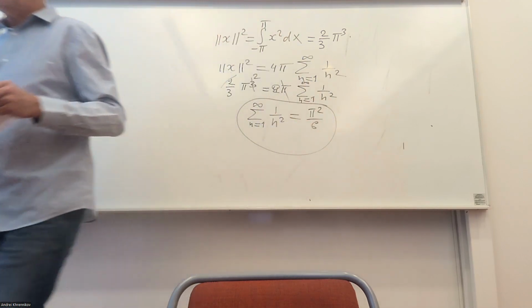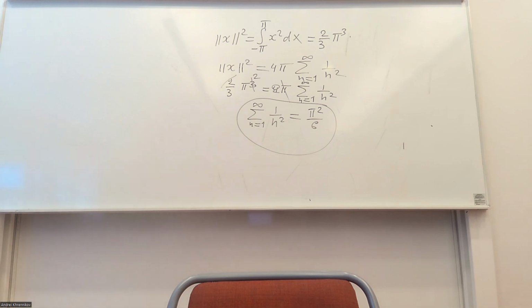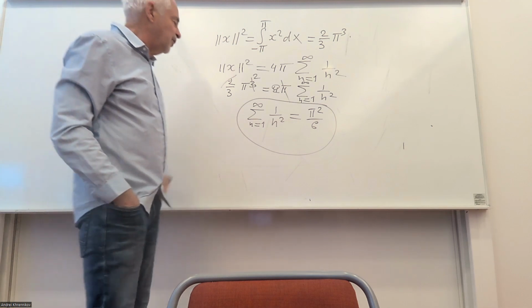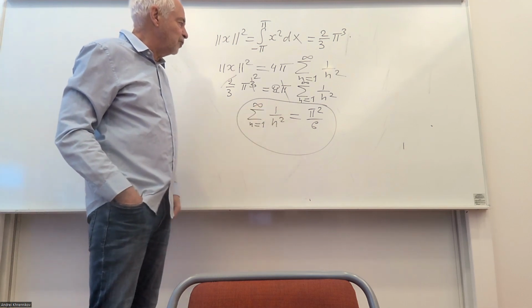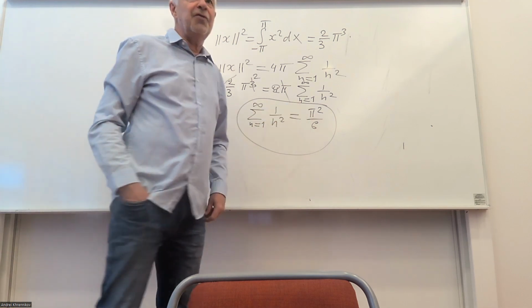This formula was very famous because, before Fourier series, it was a very deep number theoretical consideration of Euler. He did not prove it in this way.